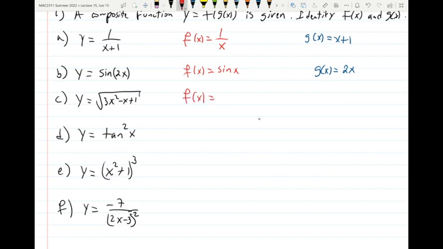All right, tell me this, and then I'm going to give you some time to do the others, and then you tell me the answer. How about this one? Okay, good. Square root. The inside? 3x squared minus x plus 1. That's one entire function. Does everybody understand this?